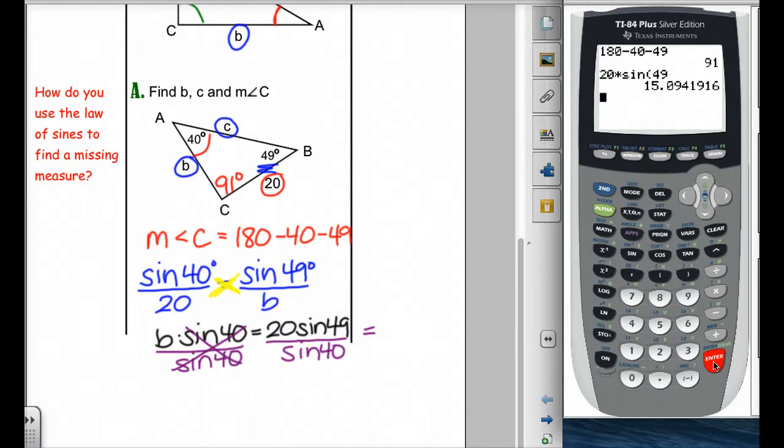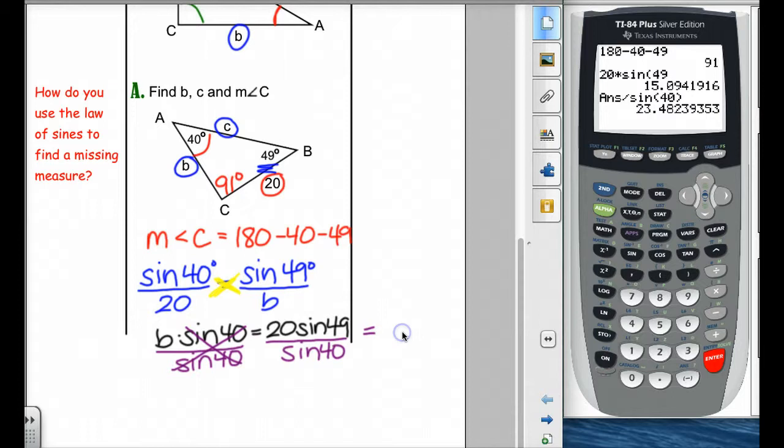I'm going to divide that by the sine of 40 degrees, and that gives me 23.48239353, on and on. So that's approximately equal to 23.5. I'm going to fill that in on my triangle, 23.5.